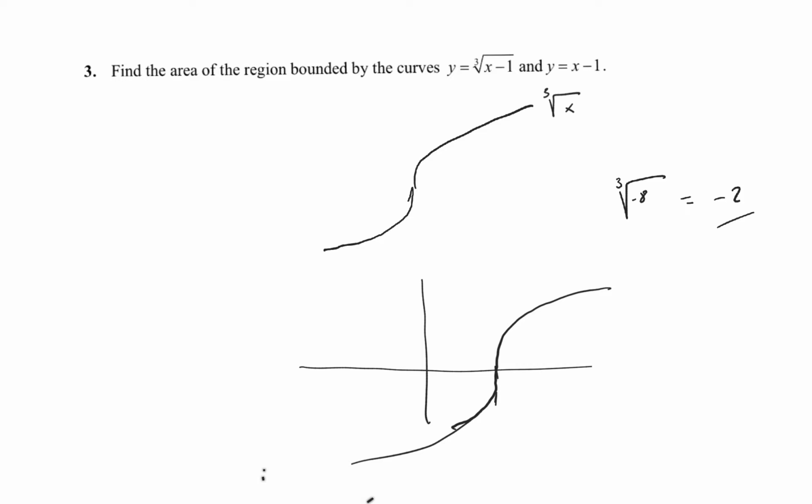And the graph of y equals x minus 1 is the graph of a straight line with slope 1 that, when y equals 0, x equals 1. So it will be this line, the line that passes through the point x equals 1.